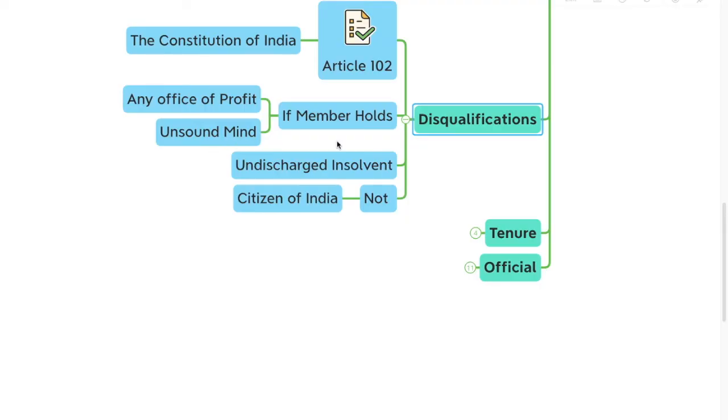Another criterion for disqualification is if he or she is an undischarged insolvent. What do I mean by undischarged insolvent? In simple terms, an undischarged insolvent is a person who is unable to pay his debts as they are due. He or she can also be disqualified if he or she is not a citizen of India.